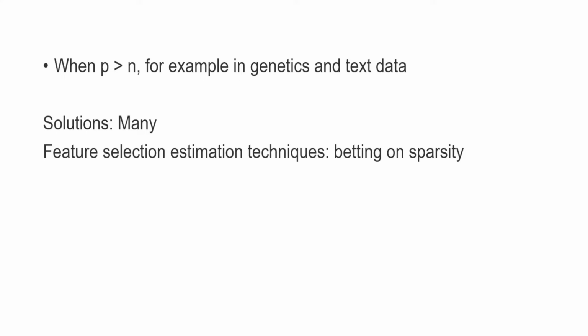So you try to select the important features, and you remove the features that have zero weights, for example, or the features that you believe are not important, depending on your literature or something. That means you are betting on sparsity. We have already talked about sparse data in the past.